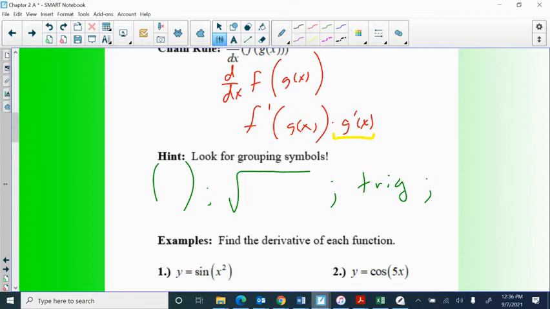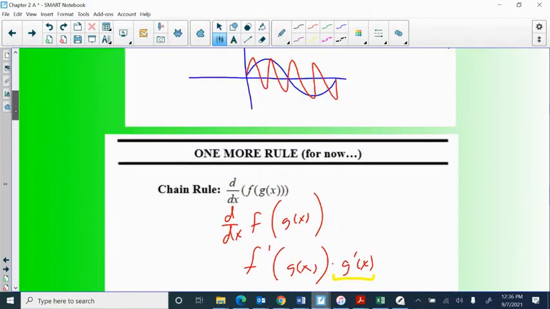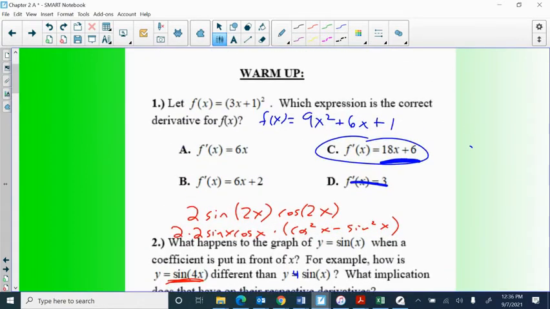Okay, so going back then to Nick. Yes, Nick? Going back to Nick's correct answer of 18x plus 6, let's see how we could have gotten that using the chain rule. According to the chain rule, the outer function is the 2, so the 2 would have come down, and you would just leave the inner function alone.